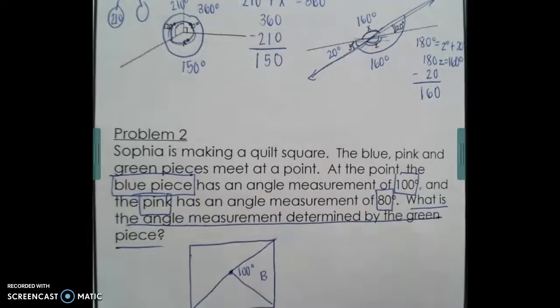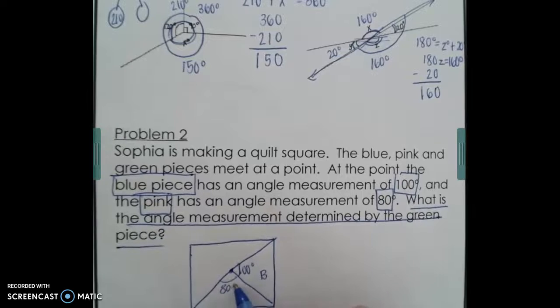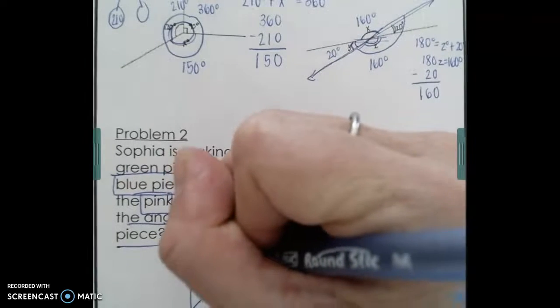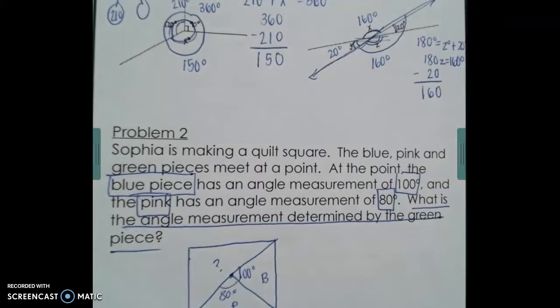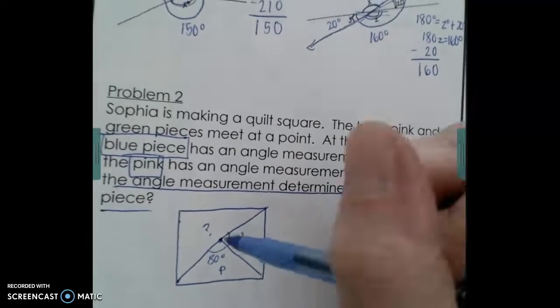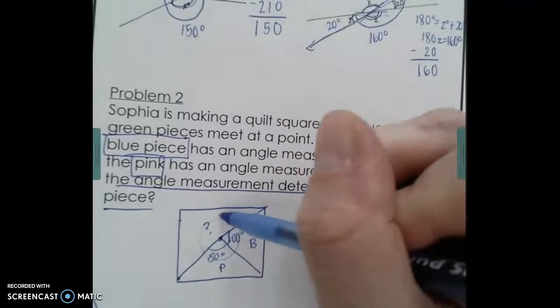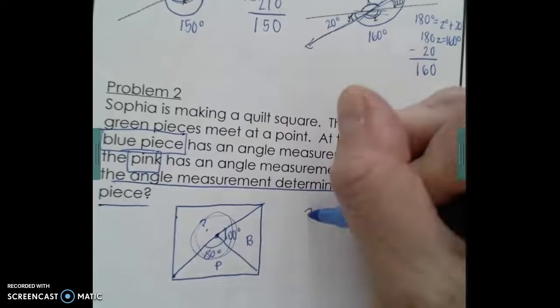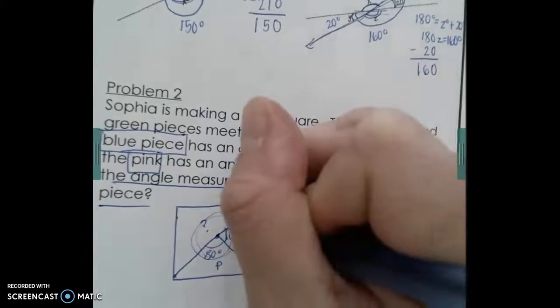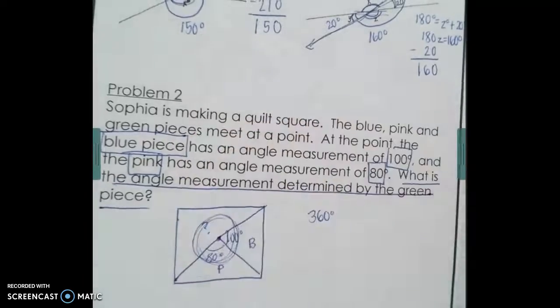I'll put B for blue. Then I'm going to have 80 degrees, which would be my pink piece. And then I'm trying to figure out what my other side would be, right? So here I can see if it's meeting at this point, that's going to be that 360 degrees, right? I'm making a circle where they all meet in the middle.